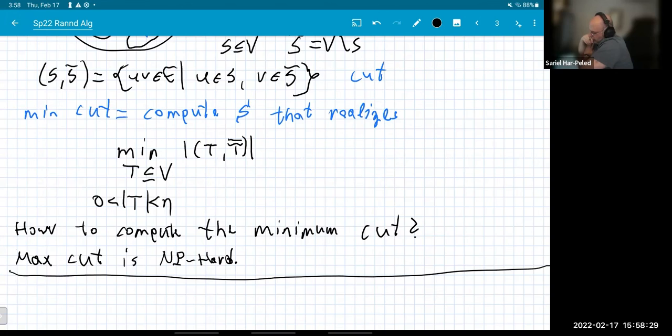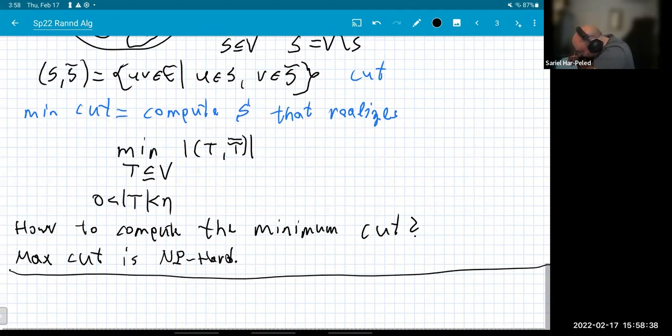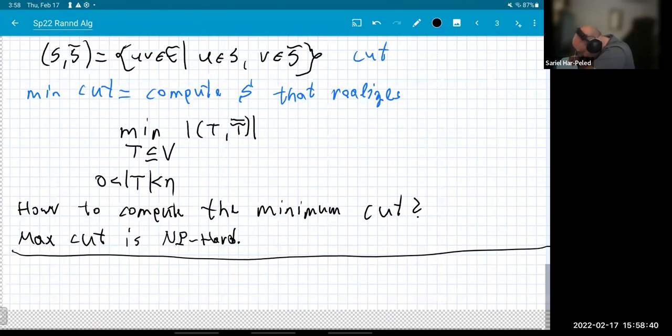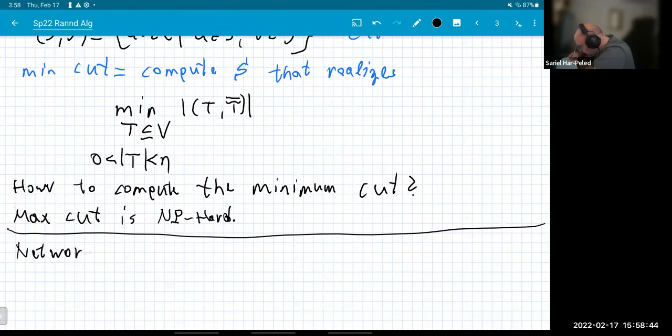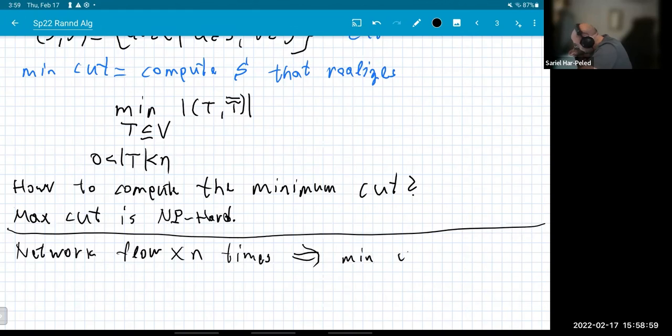Okay. So it's not even clear how to compute the minimum cut. Now, if you know network flow, which I'm not going to assume that you know, it's not hard to show that if you run network flow n times, or n minus 1, and let's say n times, then you can solve min cut.